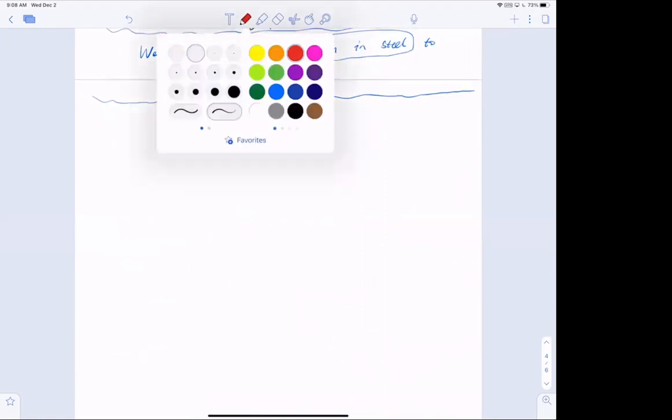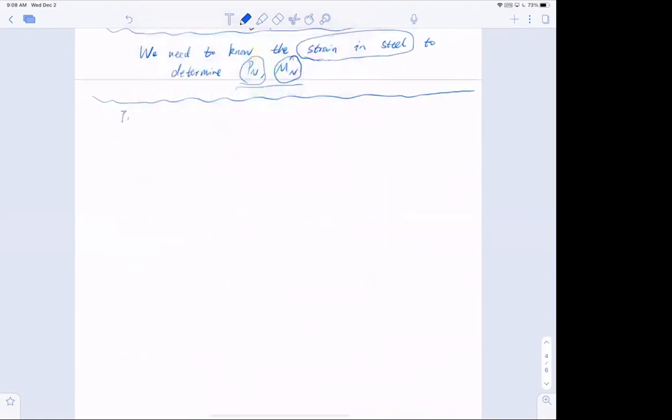So let me just write it out here. Interaction diagram. Okay, and this is actually a term. Whenever people tell you interaction diagram, this is none other than the axial force versus bending moment diagram. So this is called an interaction diagram.